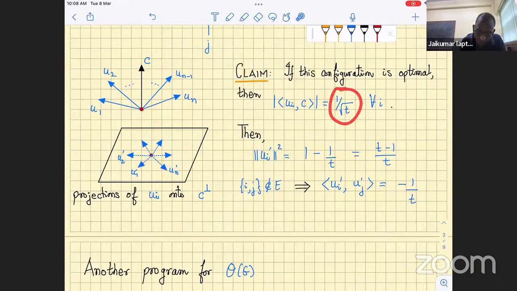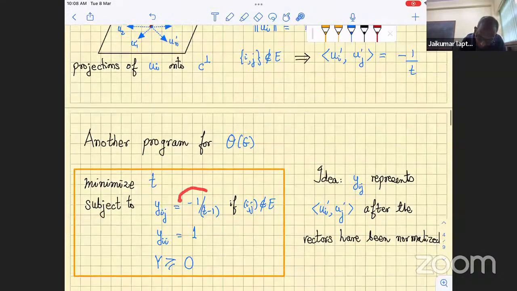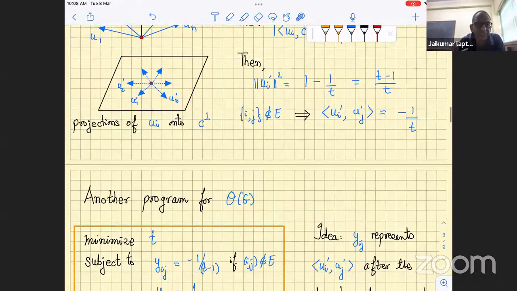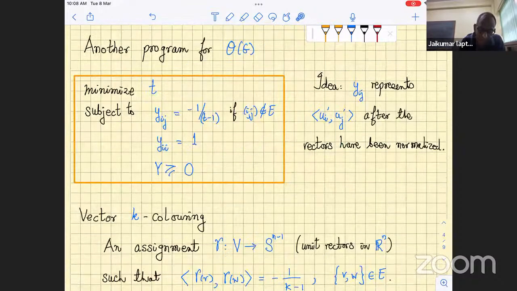Give each of them this value along the handle, and you will see that because this was nicely arranged, things will nicely cancel out, and non-adjacent vertices will get orthogonal vectors, and they will all have a component 1 over square root t on this just by design, and you would have recovered a value for the theta function. So what I have said orally is that this program's value is less than or equal to that program's value, and that program's value is less than or equal to this program's value.